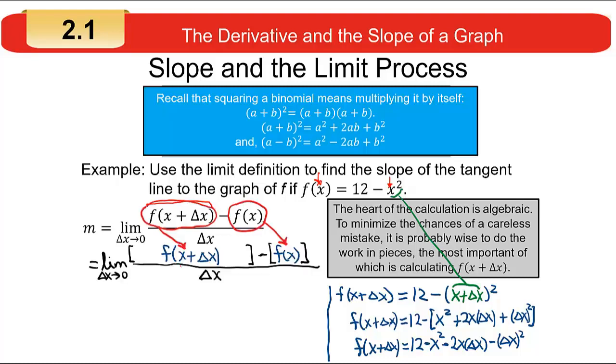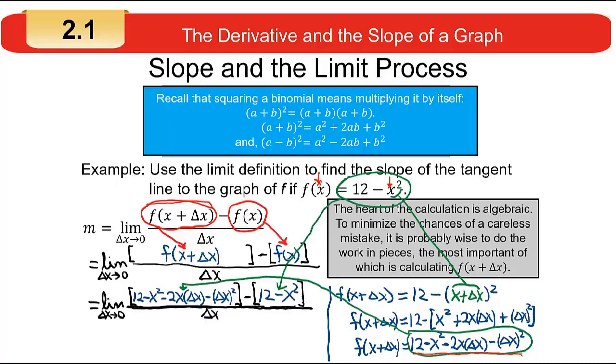So if you take that f of x plus delta x that I just wrote down and plug in the calculation that we just did, and then you take the f of x and plug in what that's equal to, which is 12 minus x squared, and very carefully do the arithmetic, you'll notice that you've got a 12 here, and you've got a minus another 12, that's going to be 0. Those will cancel out.